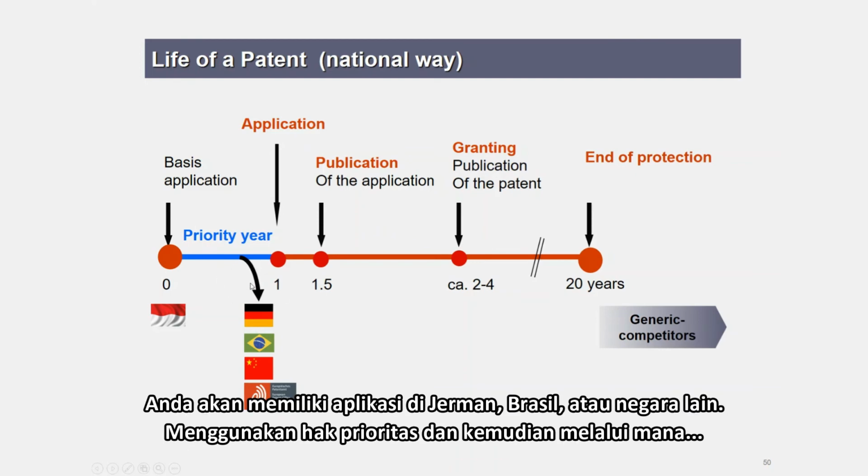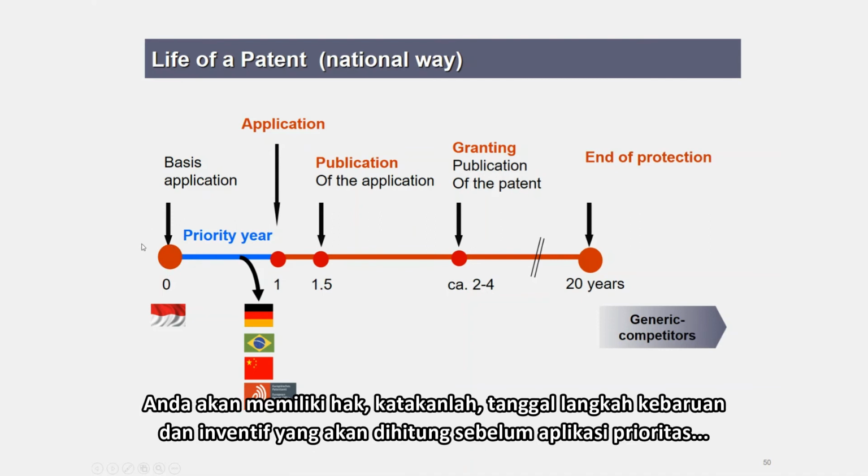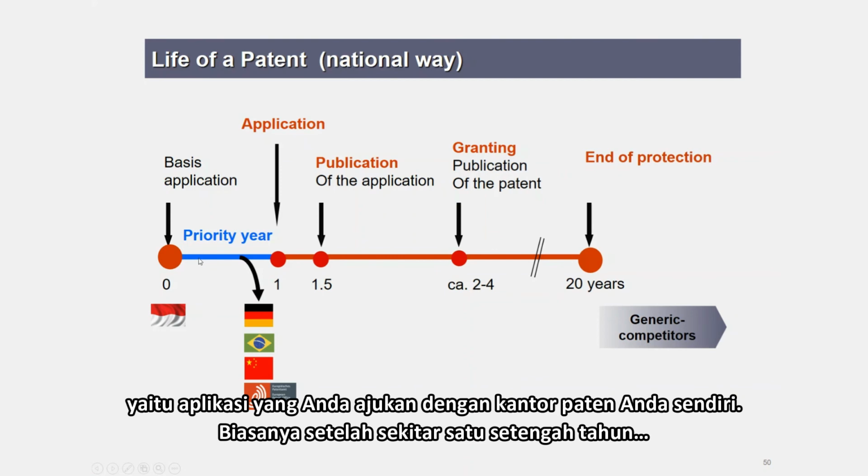So you will have an application, for example, in Germany, in Brazil, or in other countries, using the priority right, through which the novelty and inventive step dates will be counted from the priority application, which is the application you filed with your own patent office.